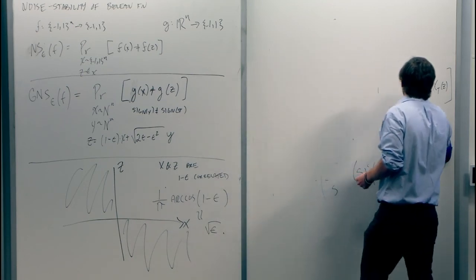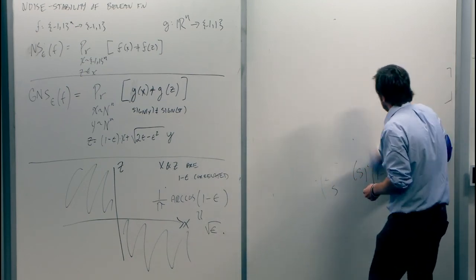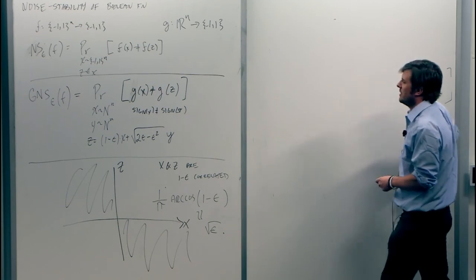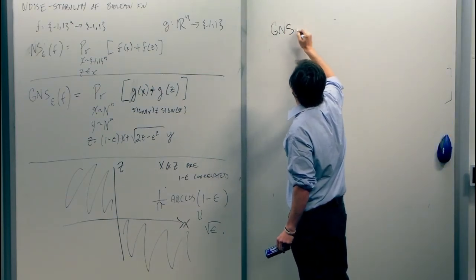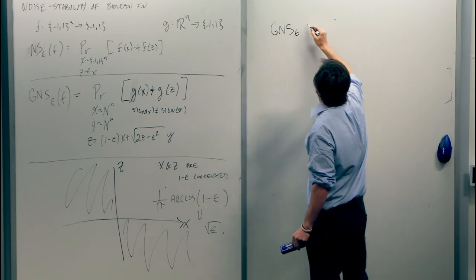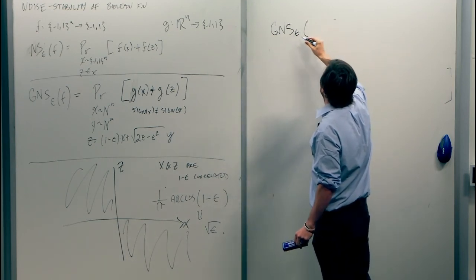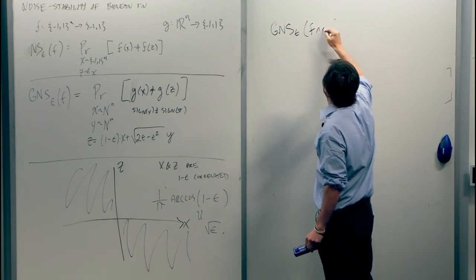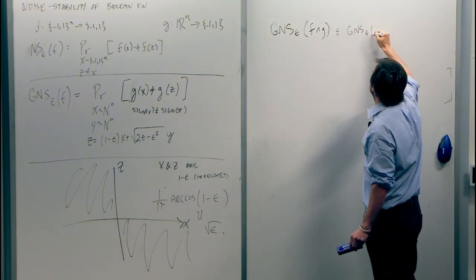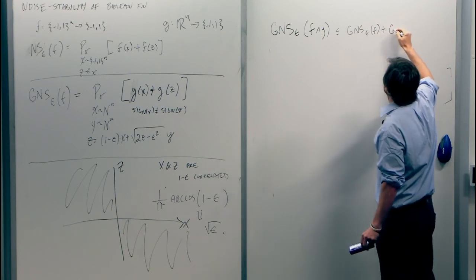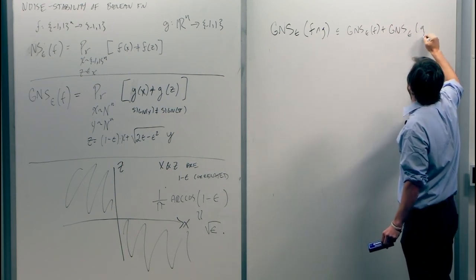And another nice thing is that we can apply the following trivial observation: the Gaussian noise sensitivity of f and g is at most the Gaussian noise sensitivity of f plus the Gaussian noise sensitivity of g.